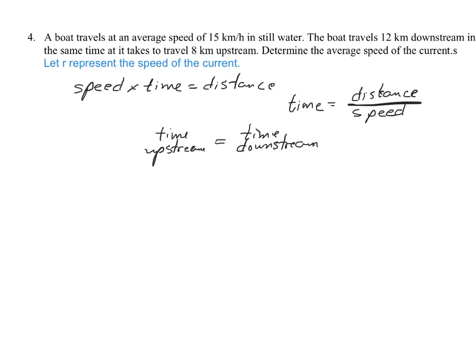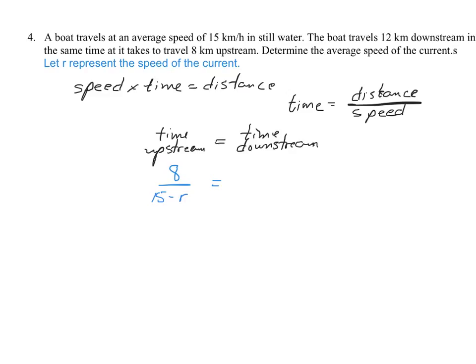And using this relationship, I can look at the distance upstream is 8 kilometers over speed. Now, the speed is going to be a combination of the speed of the boat and the speed of the water. So again, since we're going upstream, we'll take the speed of the boat and we'll subtract the speed of the water.